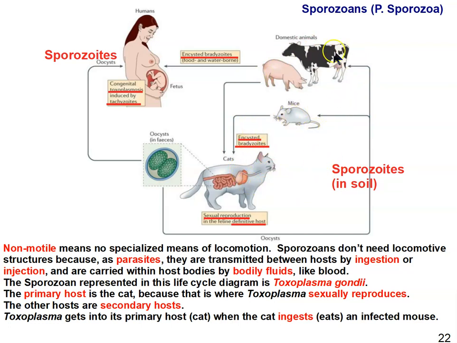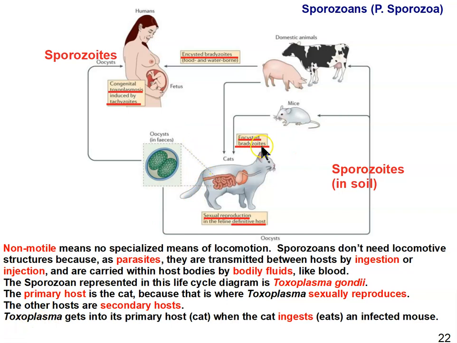Generally, other mammals that would somehow contract the sporozoites that have come out in the feces of the cat. That can be in soil, or it can be on the hands of a person who cleans out a litter box. The sporozoites, when they're ingested, will cause the disease.